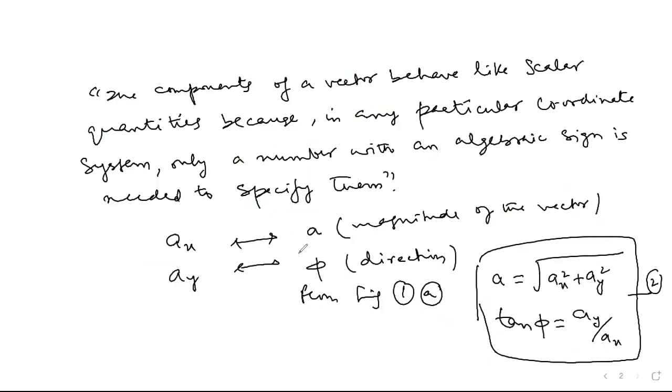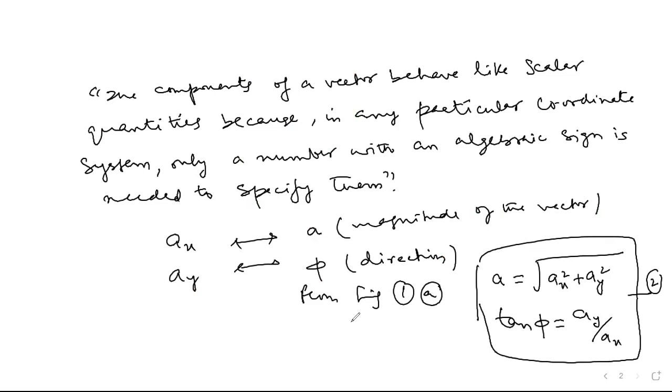So these are two equivalent descriptions of a vector, whether you specify it in terms of components or in terms of magnitude and direction. Two numbers are required to specify it in two dimensions. We are talking in two dimensions. Now the quadrant in which phi lies is determined from the signs of ax and ay.